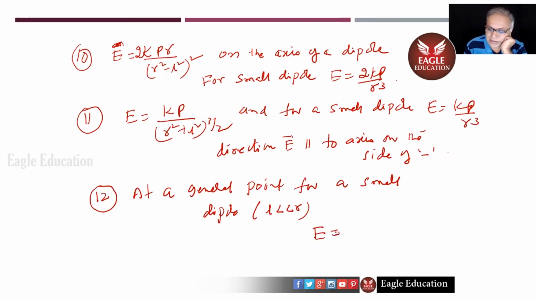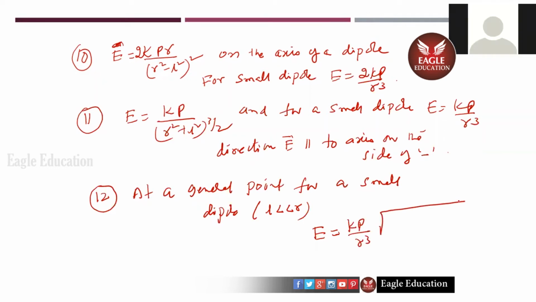E equals, sir, resultant. Kp by r cube root of 3 cos square theta plus 1. And there is a formula for direction.